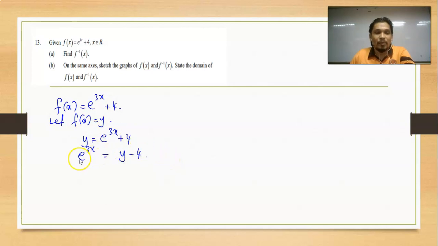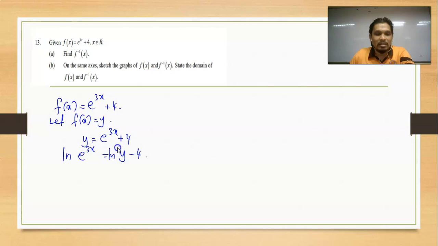For Euler's constant specifically, we eliminate the exponent by taking a natural log on the left side, because ln is a log to the base of e. With e to the power of 3x, bring the 3x in front, and log e to the base of e equals 1.